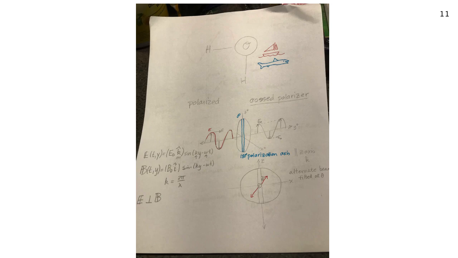Basically it is a bunch of molecules arranged in a certain way that permit light to go through if the electric field of the light is oscillating. So there's the electric field, and I'll make it red.